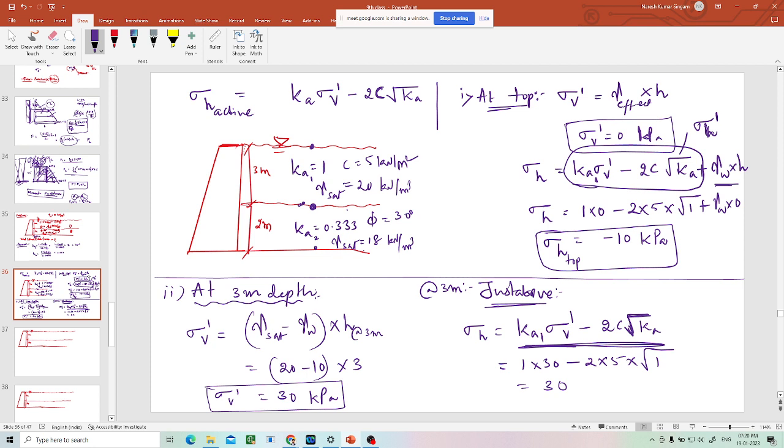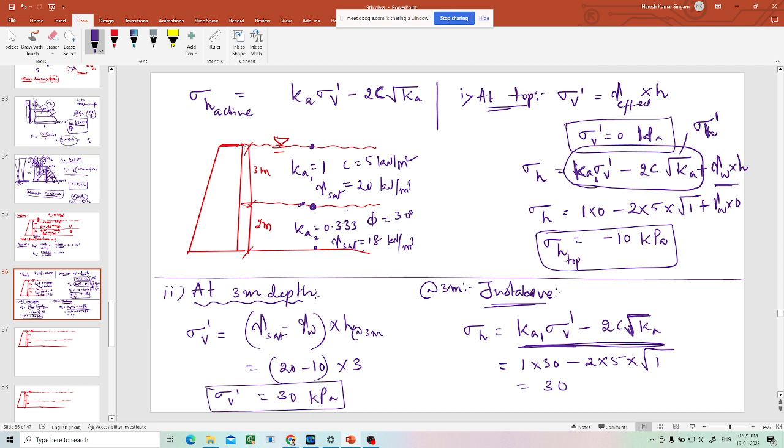Whereas coming to the horizontal, this retaining wall is completely stopping the total soil and water from falling. That means you are getting pressure from the water also. Vertical stress is multiplied by Ka, whereas water pressure will not be multiplied by Ka, because at any point at depth H, pore water pressure will be the same in every direction, maybe vertical, maybe horizontal.